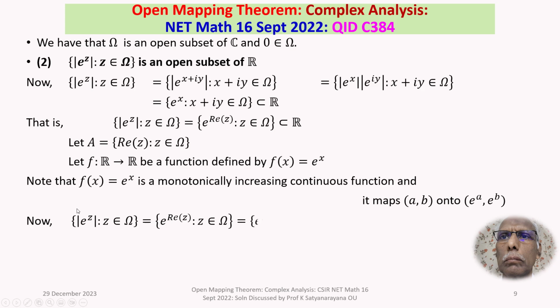Now, the set consisting of mod of e power z, z belongs to omega, is equal to the set consisting of e to the power of the real part of z, z belongs to omega.